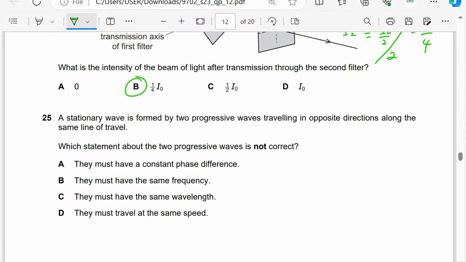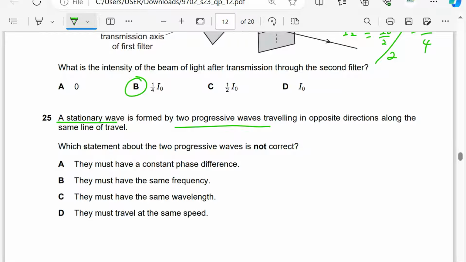A stationary wave is formed by two progressive waves traveling in opposite directions. Remember, this is stationary. Which statement about the two waves is not correct? Stationary does not necessarily mean coherent waves, waves which maintain a constant phase difference.